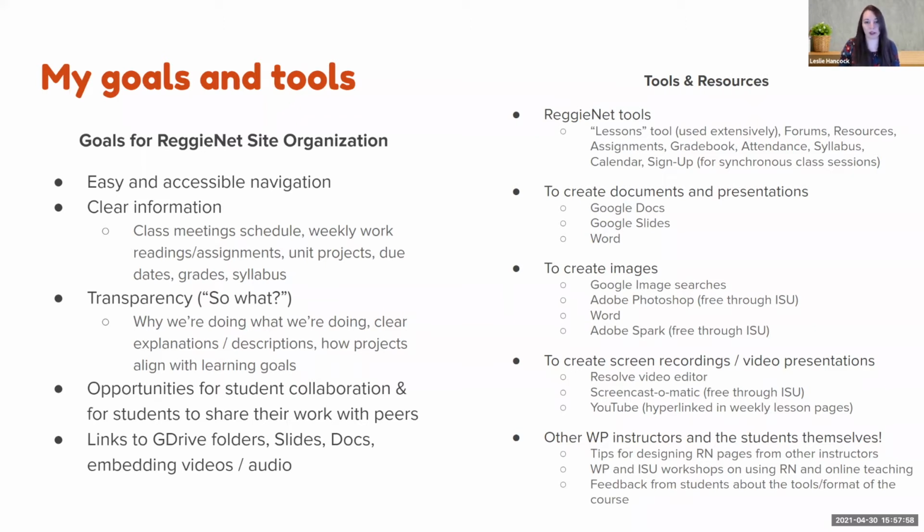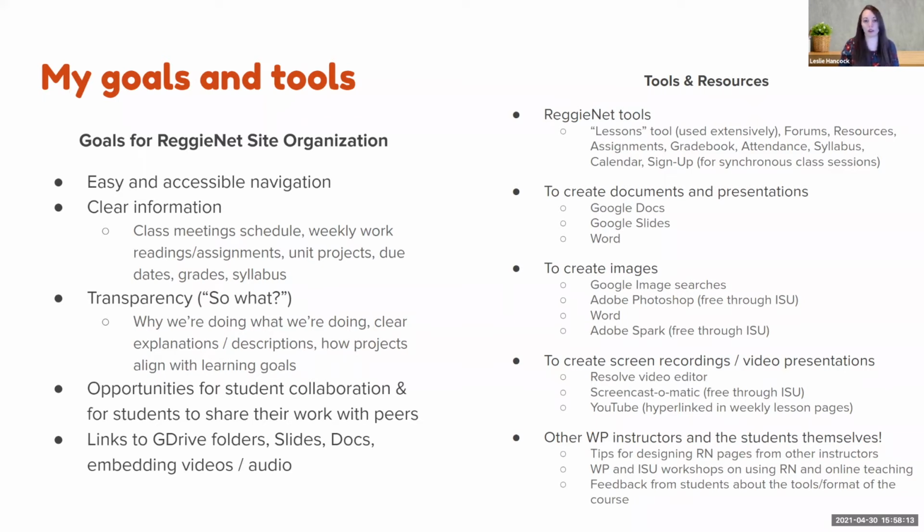I wanted to make sure there was a lot of transparency about what was happening in the class. So answering that "so what" question: why are we doing what we're doing? Why does this matter? So, clear explanations and descriptions of how projects align with learning goals.